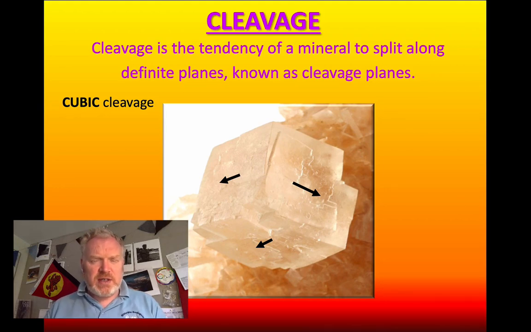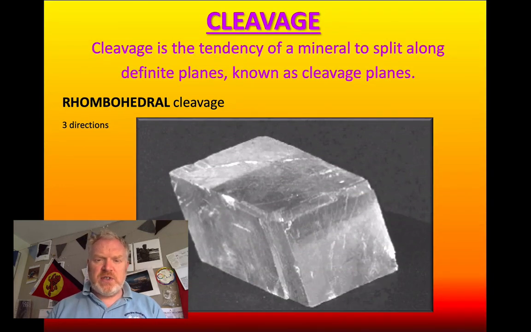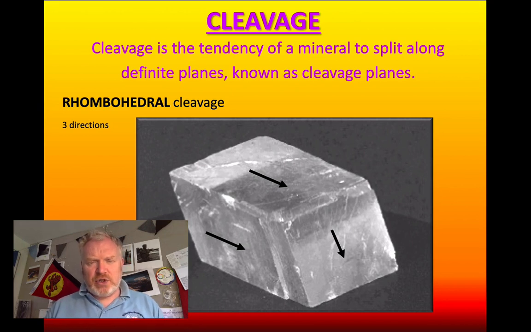If they're not at 90 degrees, like in this case, where the mineral surfaces, the cleavage planes, are at 60 degrees to each other, this will create what we call a rhombohedral cleavage, because it creates rhombus shapes within the mineral. We can also get what we call basal cleavage.